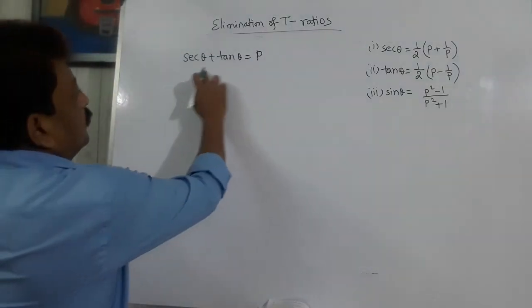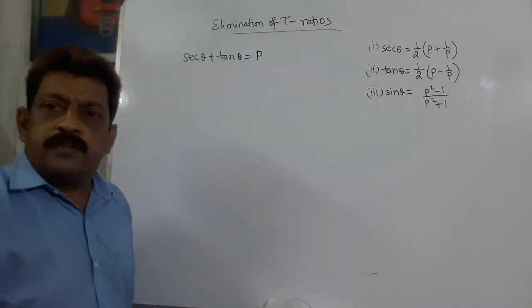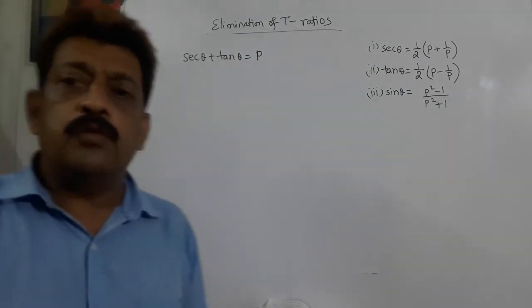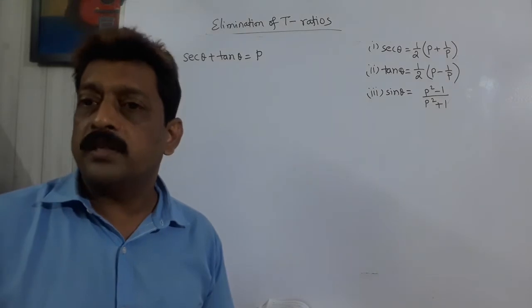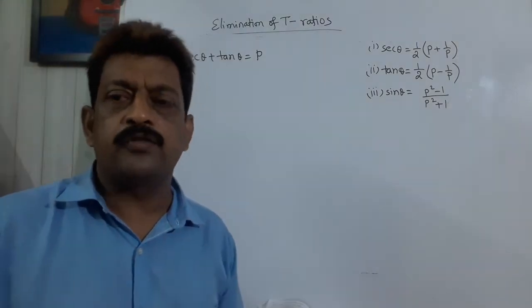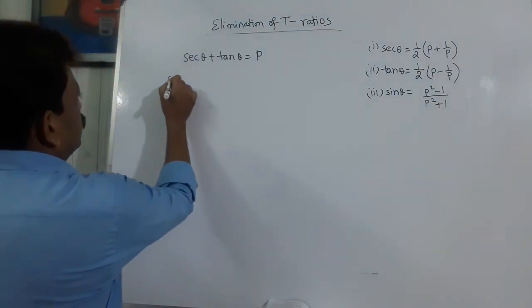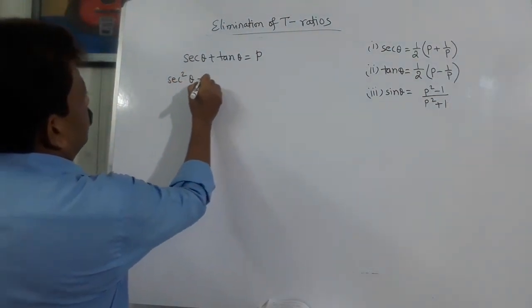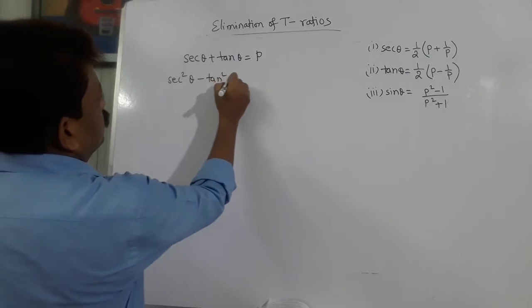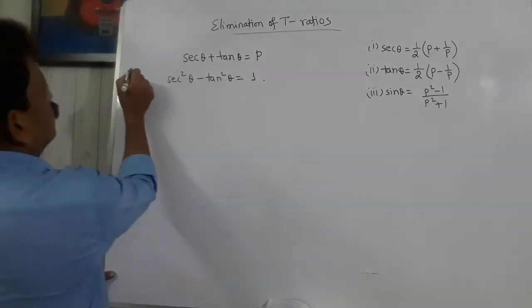Now sec theta plus tan theta equals P, it is given in the question, and we know the identity sec square theta minus tan square theta equals 1. So let me use that one. Sec square theta minus tan square theta equals 1. We know this.